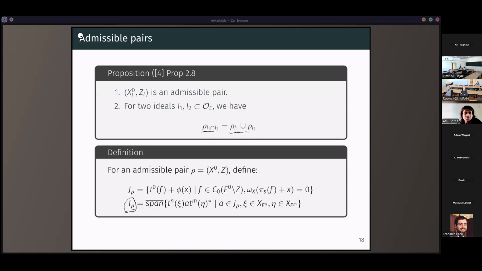Because we have some sort of contravariance between intersections of ideals and unions of admissible pairs. Yes, I see. Okay, thank you.